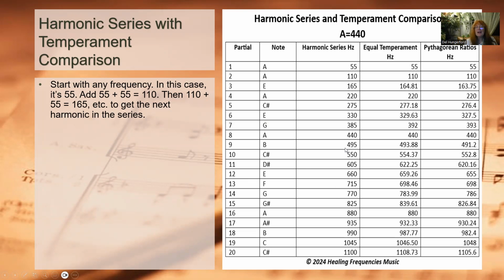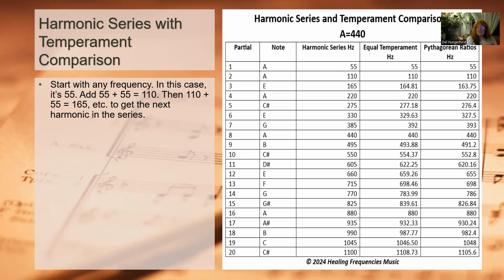Now, if I compare these numbers here from the natural harmonic series to the Pythagorean, now this is with the fundamental frequency of an A. Keep that in mind because this is all going to change if it's G sharp or B flat or C or F. It's all based on adding what's in the harmonic series of each specific note.